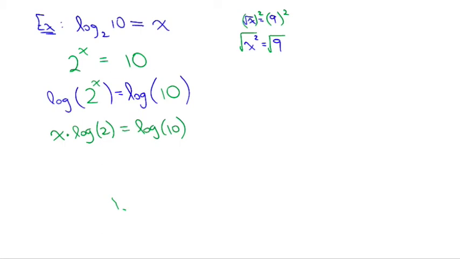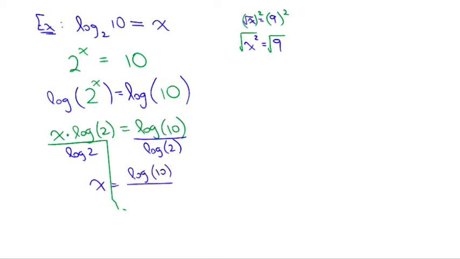So can I solve for x? How do I solve for x? Divide both sides by log of 2. And you get x is equal to the common log of 10 divided by the common log of 2. And you can type both of those into your calculator and get an answer.